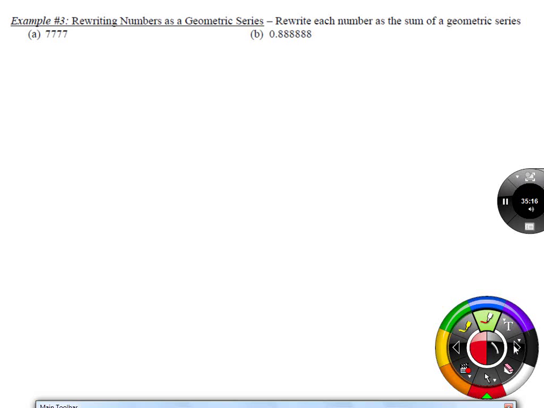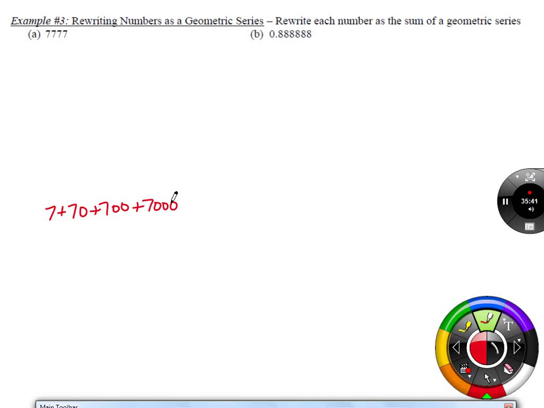So, for example, we'll just do one of these. Say we're doing 7,777, and we wanted to write that as a sum of a geometric series. Basically you have 7 plus 70 plus 700 plus 7,000. Is that fair? That would make 7,777.